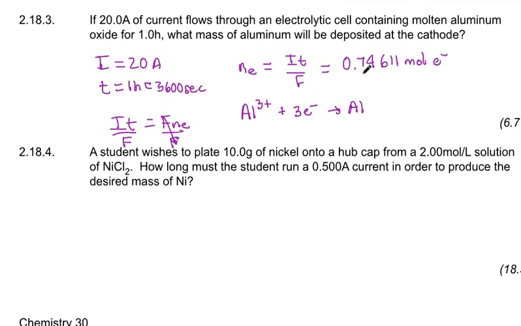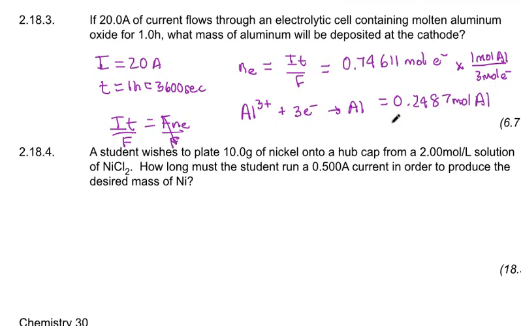So 0.74611 moles of electrons, we can say you get 1 mole of aluminum for every 3 moles of electrons involved. And that means we're going to get 0.2487 moles of aluminum.